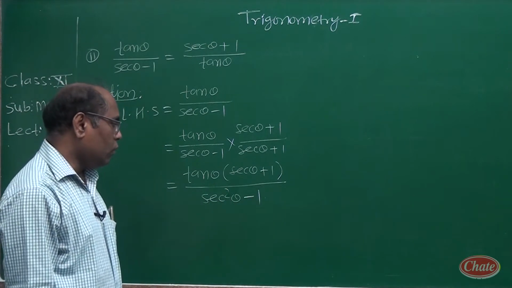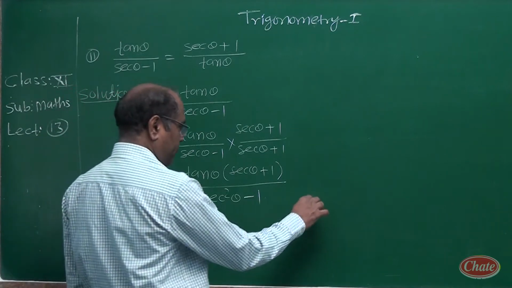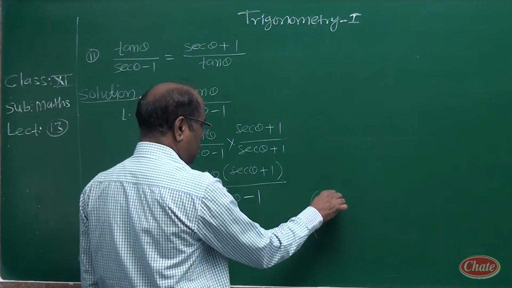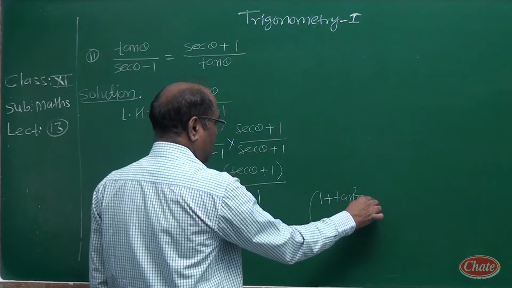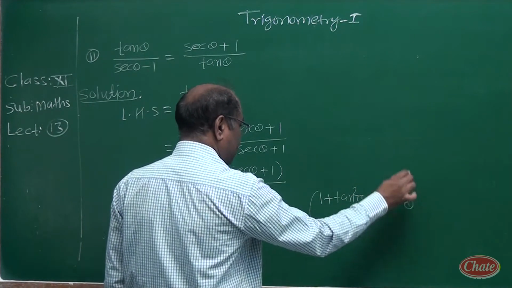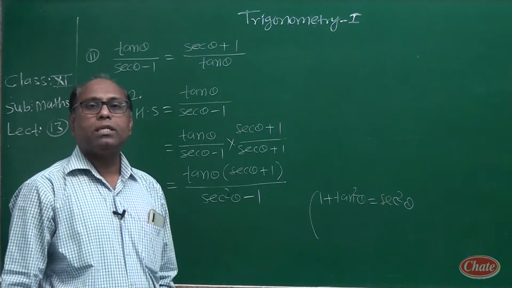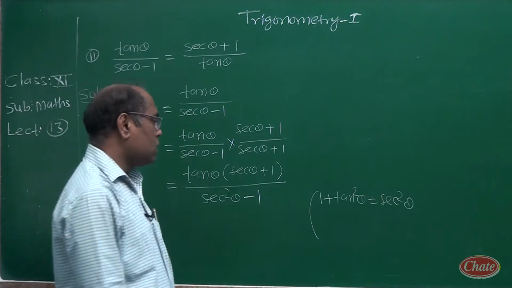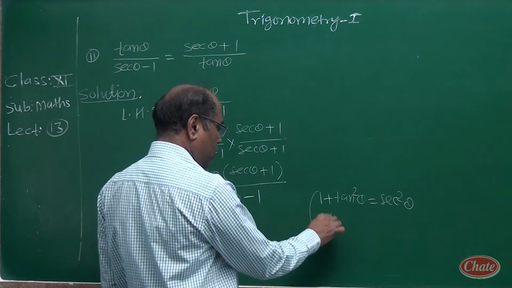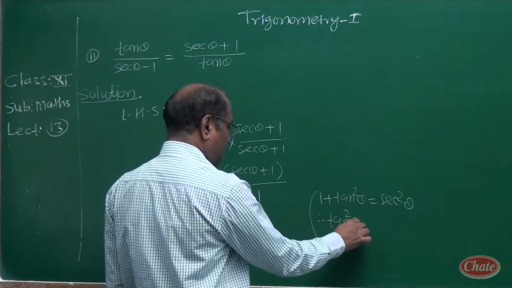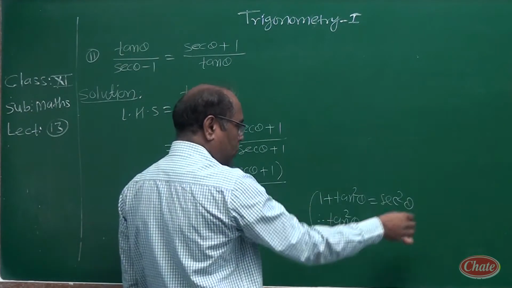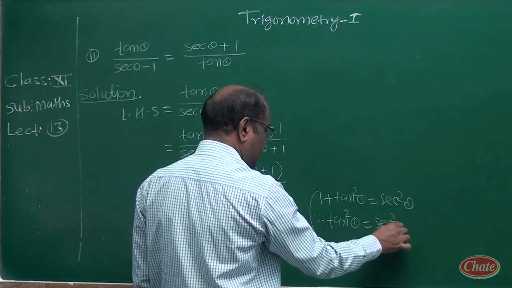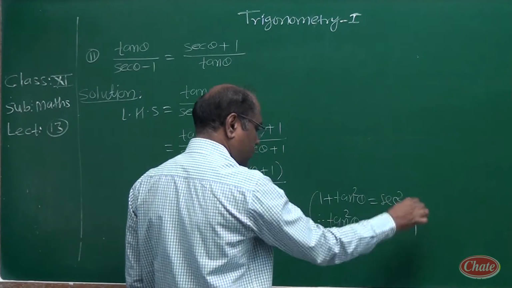Now we know the identity 1 plus tan square theta is equal to sec square theta. Therefore tan square theta is equal to, transferring 1 to the right hand side, sec square theta minus 1.